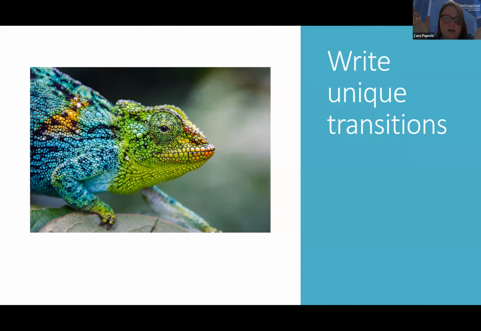If it could work in another paper, then it's probably too vague or too broad or not specific enough. So you really want to focus on making your transitions unique. So if I was to take notes on this slide or the slides that we all saw, that's the thing I would note to remind myself: write unique transitions.